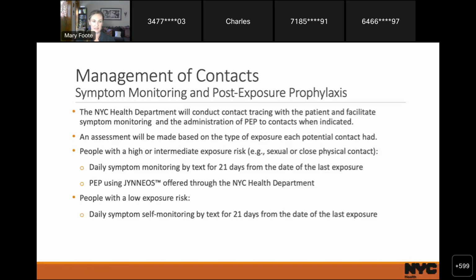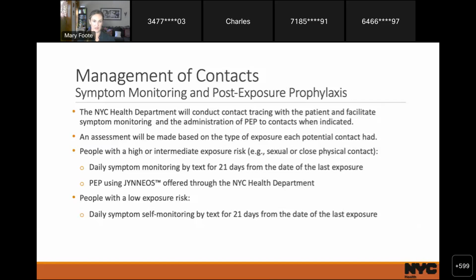An assessment is made for each of the contacts to assess the risk of exposure for each potential contact. And then, as we said, anybody with what's considered a high or intermediate risk, any sexual risk or close physical contact is absolutely a high risk and would be considered for post-exposure prophylaxis.